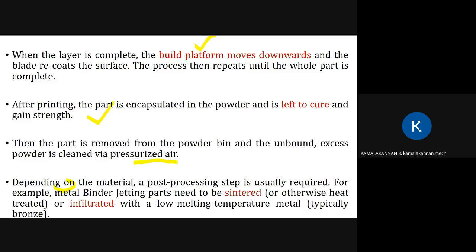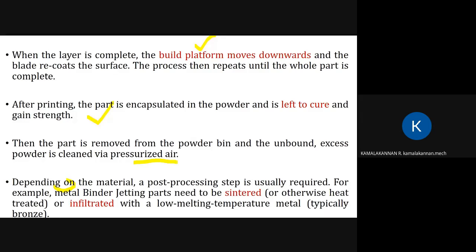Here you also have to note down that layer adhesion is an important thing in 3D printing. Here the layer adhesion between the build platform and the solid is usually not that high, so it is easy to remove the solid from the build platform.